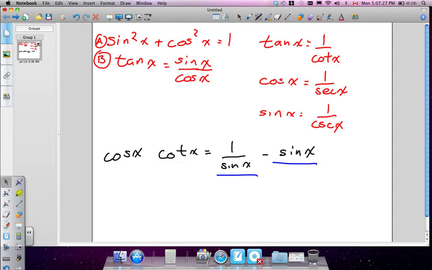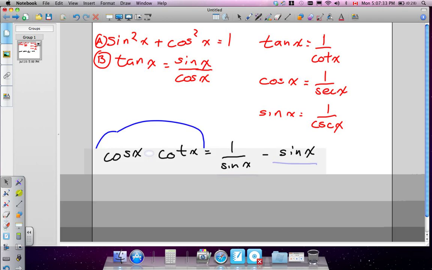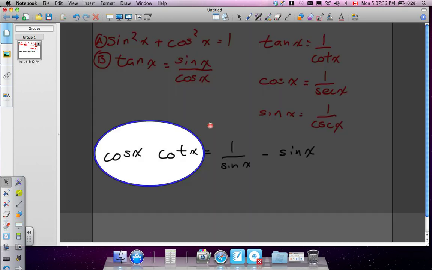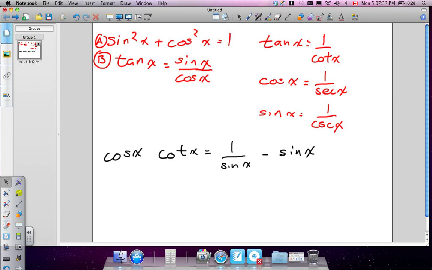All I have to do is prove that one side is equal to the other, so I may just work with the left side. I'm going to try to change them all into sine x so that I'm only working with that. I'm going to change this cos x into a sine x somehow, and this cotangent into a sine x somehow, so I'm always working with sine x. That'll be our idea here.